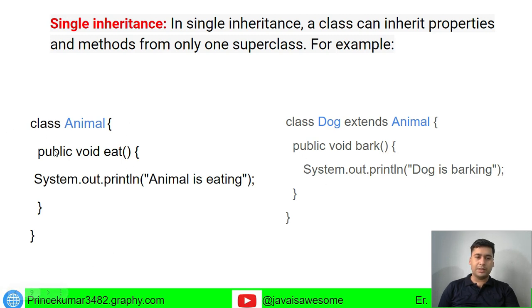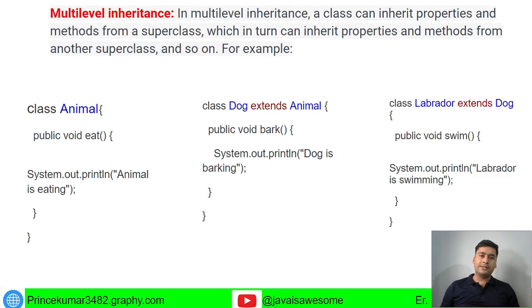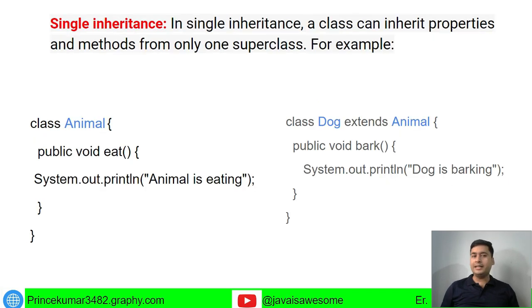Dog is able to extend the animal's properties, so one class's properties are being extended by another class, and that is called single inheritance. In single inheritance, only one class extends another class. Let me go and talk more about it.